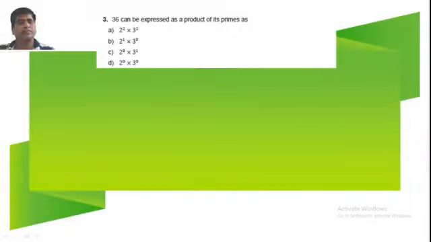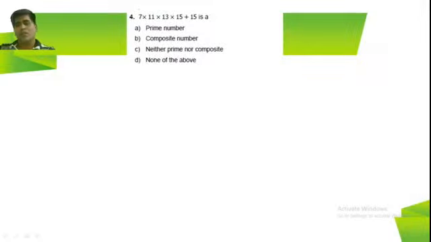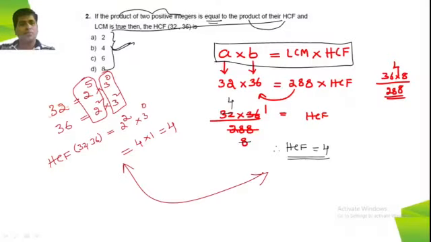Next question. Third question: 36 can be expressed as the product of its primes as. We already wrote this in the first part; we have used it nearly 2 times.